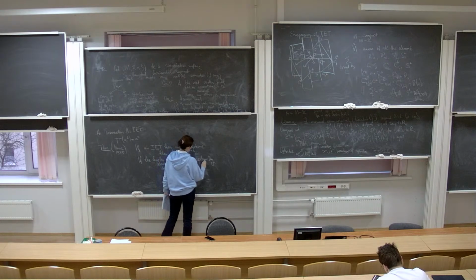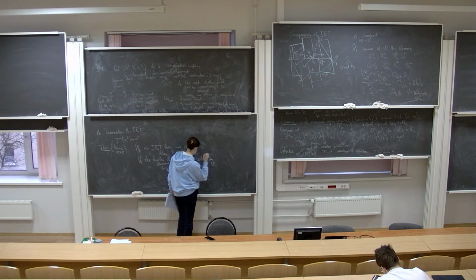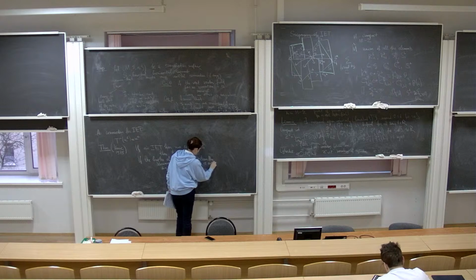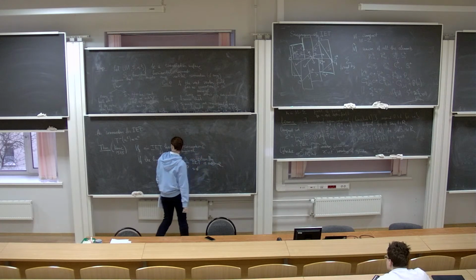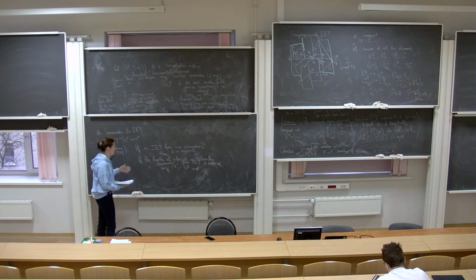Of course, here we assume that the permutation is irreducible. And in particular, this last statement means that almost all interval exchange transformations are minimal.